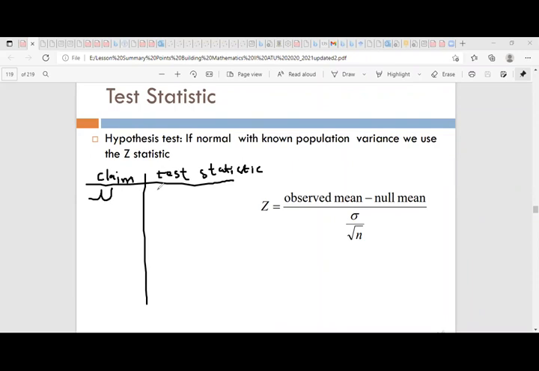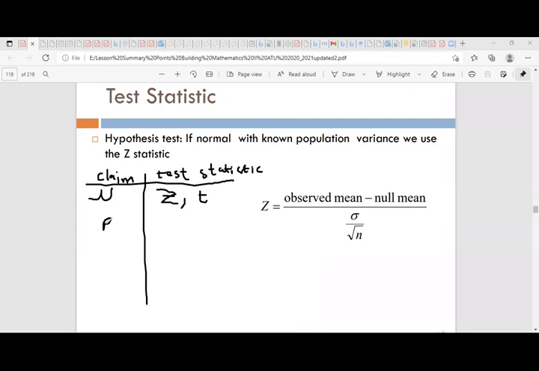The first one will be the Z statistic, which we have already seen, that's the Z-score, or we can have the student T statistic value.